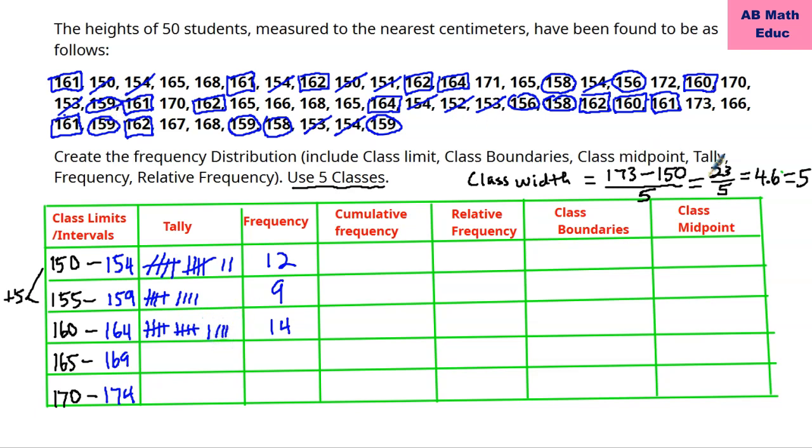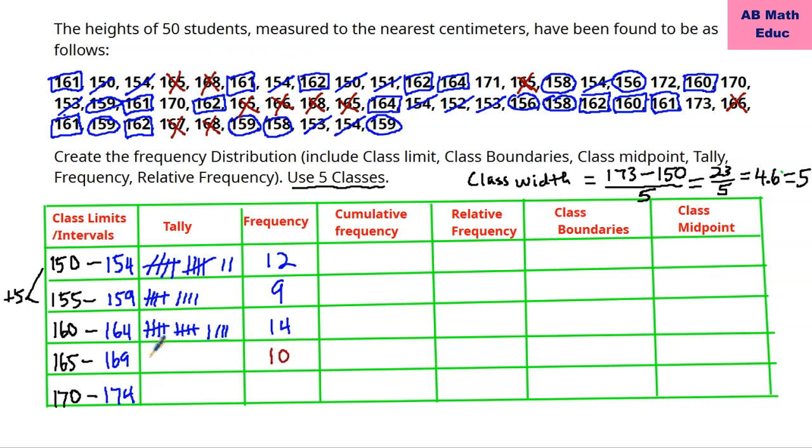The next one, numbers between 165 and 169. You can cross them out like that through all of them. You count that one out: 1, 2, 3, 4, 5, 6, 7, 8, 9, 10.